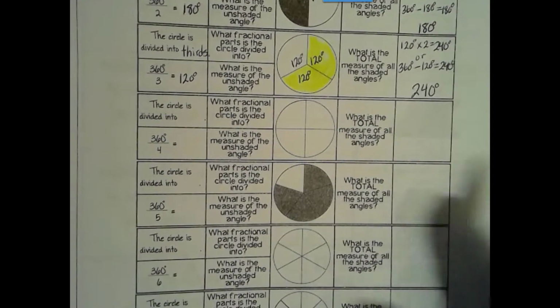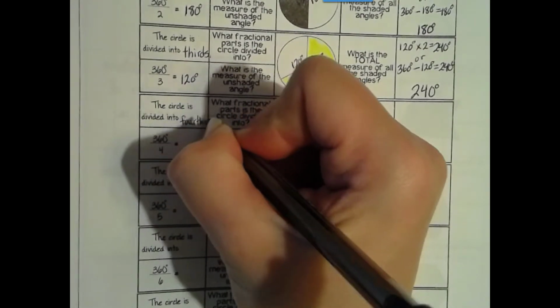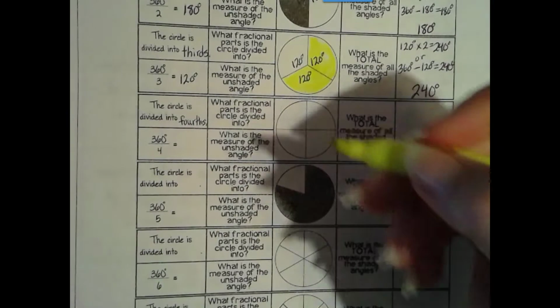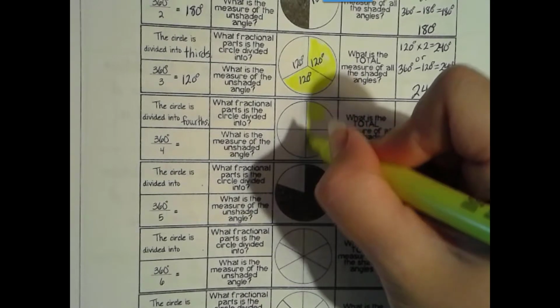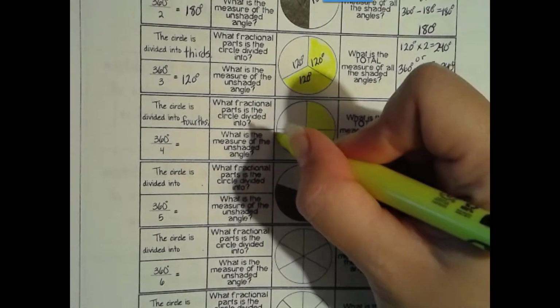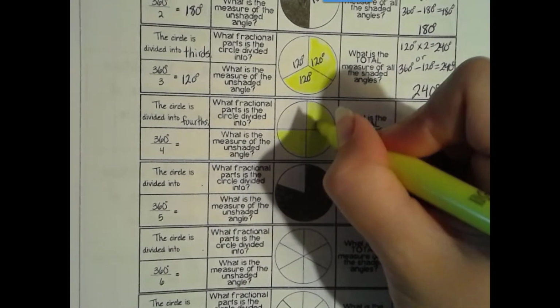Okay, this one is divided into fourths. This is also where we need our highlighter. I'm going to highlight 3 of the 4 sections because the unshaded part that we're wanting to look at is just 1/4 of the whole thing.